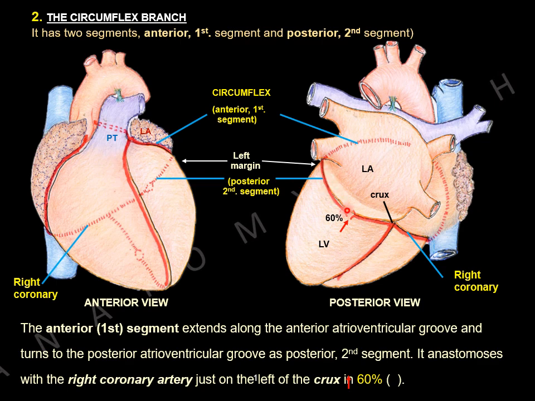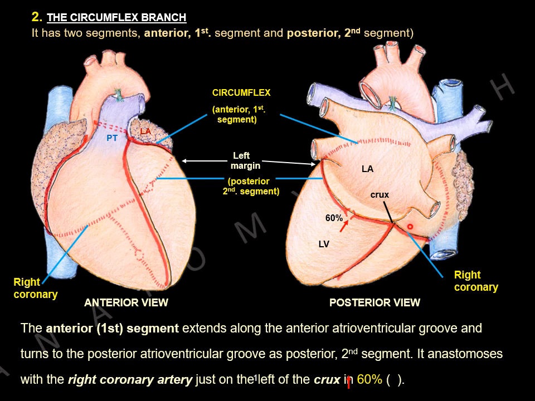artery. Now, as usual, or commonly in 60% of the cases, we have already mentioned in the right coronary artery: this is the right coronary artery coming down. This is the anterior segment. At the right border of the heart, it turns backwards and runs along the posterior atrioventricular groove.